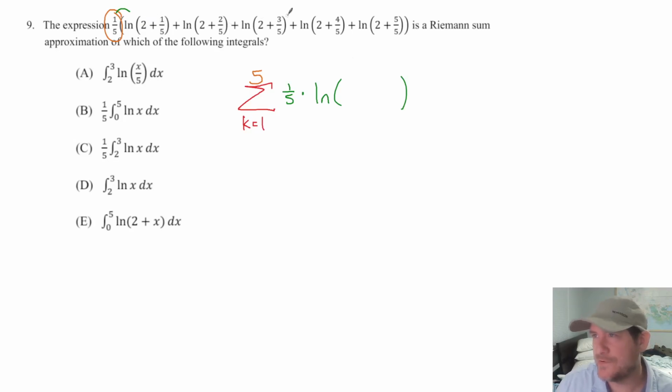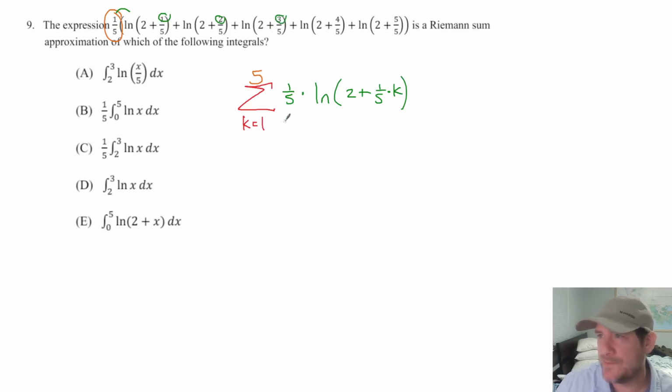I'm seeing 2, 2, 2, 2, 2. So it would make sense that the lower limit of integration is probably 2. Then you're adding to that your delta x, which is 1 over 5, technically times k, but that k again is just ticking up from 1 to 2 to 3 to 4 to 5. So I see 1 over 5 and then 2 over 5 and 3. Yep, so that's doing that.